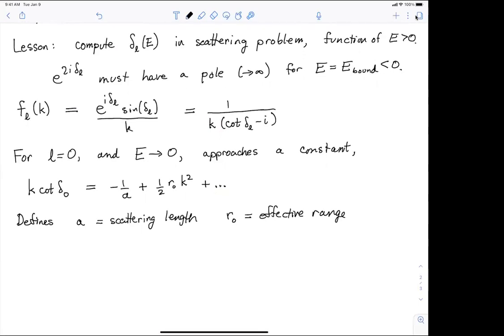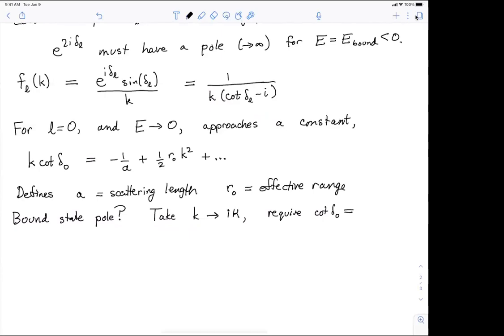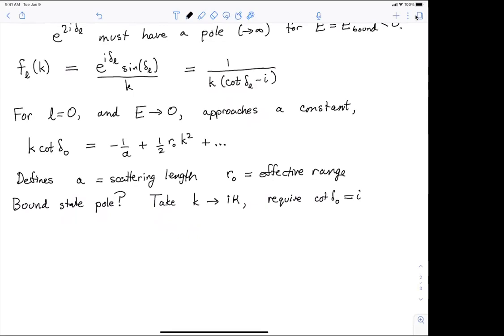Okay, so now we can ask the question, given this, is there a bound state pole? To find out, we're going to take our k and replace it by i times kappa. And we're going to require that cotangent delta 0 is equal to i, because that's what's going to make this thing blow up. Okay, and so let's write down what that implies.